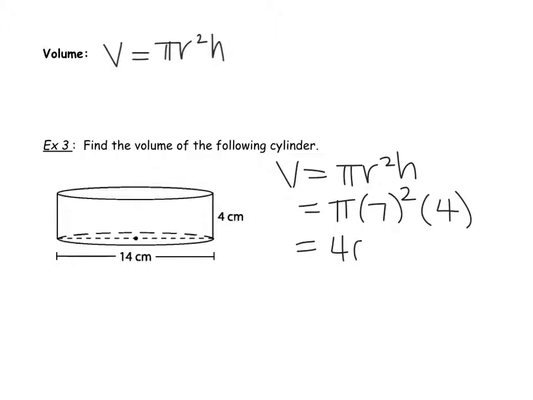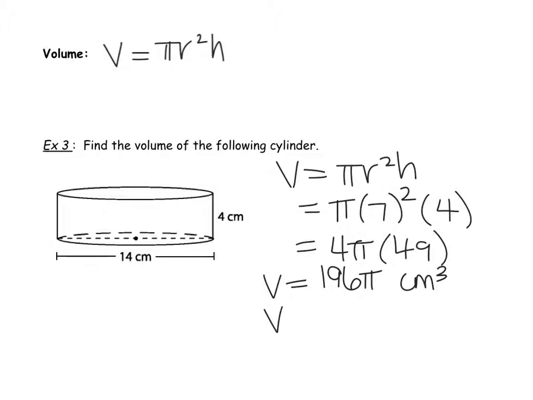So that gives us 4 pi times 49, since that's 7 squared, which gives us a volume of 196 pi, and then our units will be centimeters cubed, because volume is always cubic units. So that's going to give us a decimal approximation of 615.75 centimeters cubed.